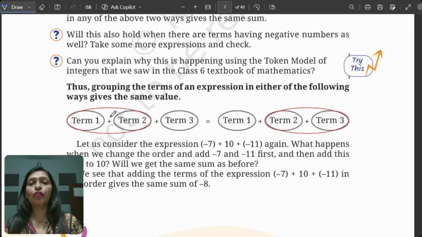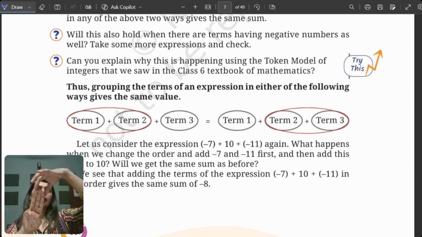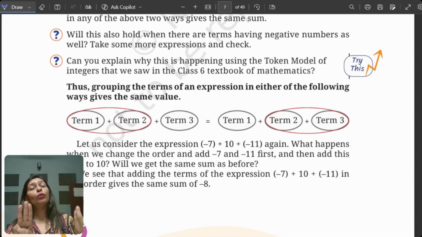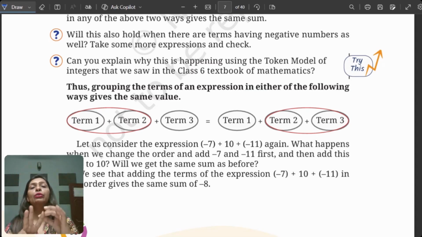Even this can work for more than two terms also. Now instead of two terms I'm having three terms here. Now I cannot add them all together. So what I can do is, first I can add the first two, and the answer I can add to the third one. Or, if I add the second and third terms first, whatever the answer comes, I'll add to the first one. So this is what is known as the grouping of the numbers.